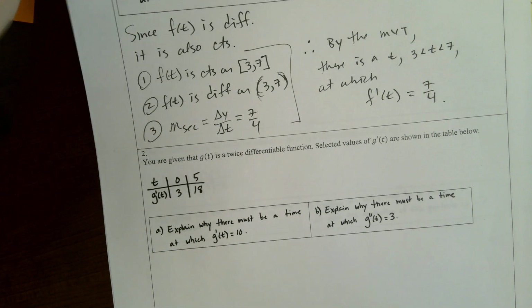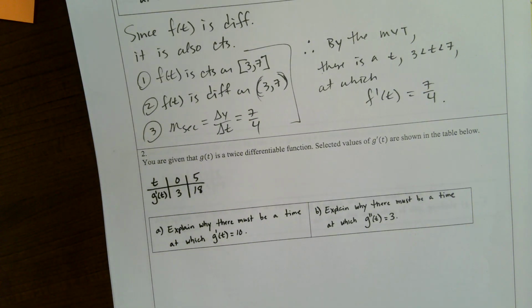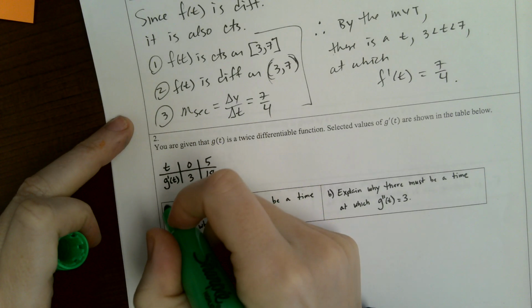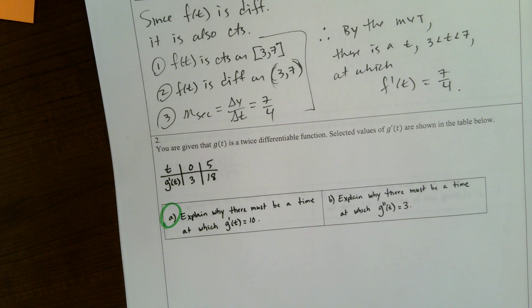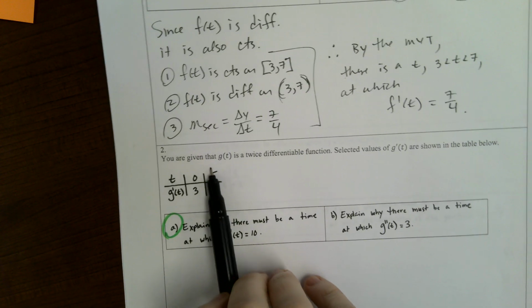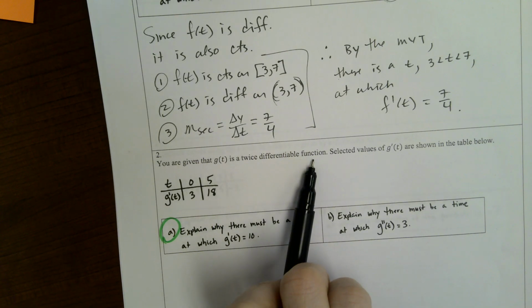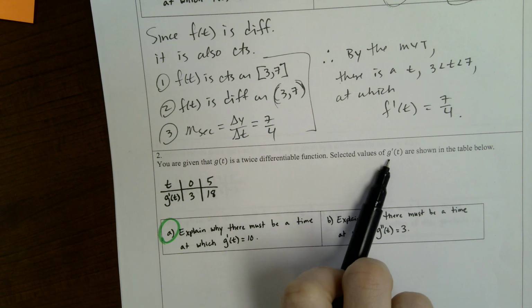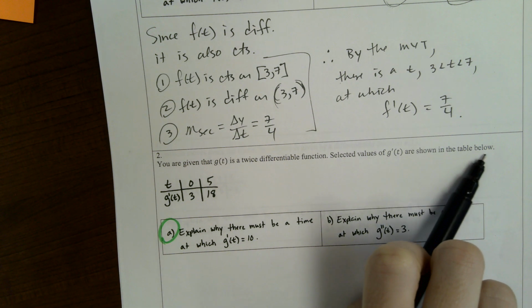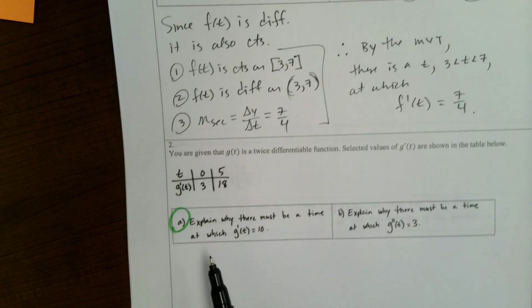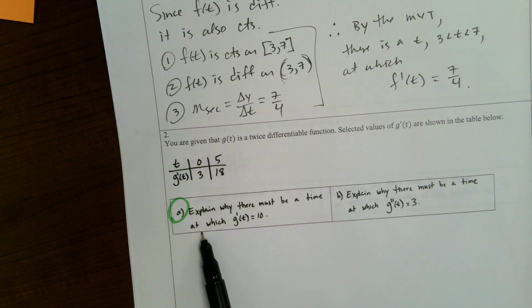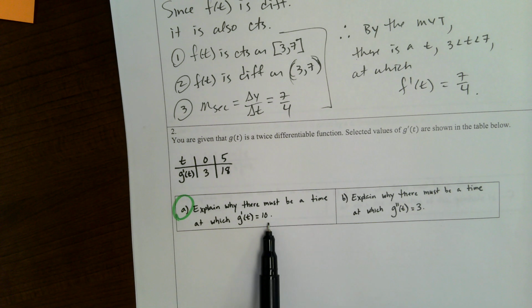Now for number 2, we will do part A. You are given that g of t is a twice differentiable function. Selected values of g prime of t are shown in the table below. Explain why there must be a time at which g prime of t equals 10.